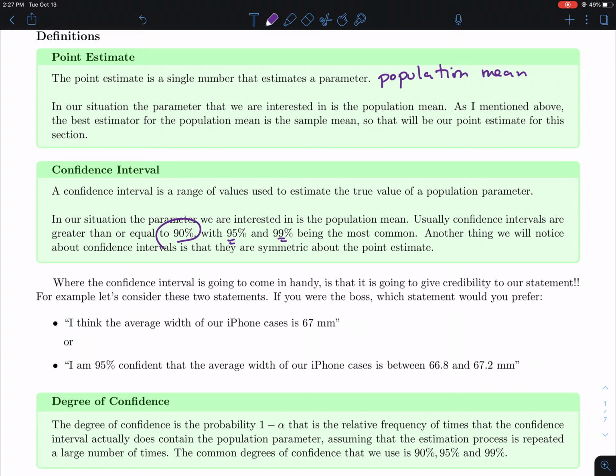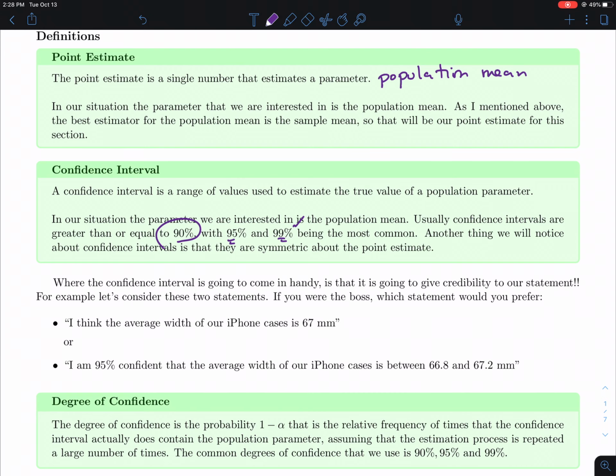That means I'm 95% confident that the population mean lives between these two values, or even better, I'm 99% confident. Basically, there's only a 1% chance that the population mean isn't going to land in that interval. That's a pretty powerful statement, to be able to say there's only a 1% chance that we messed up and the mean isn't in there.